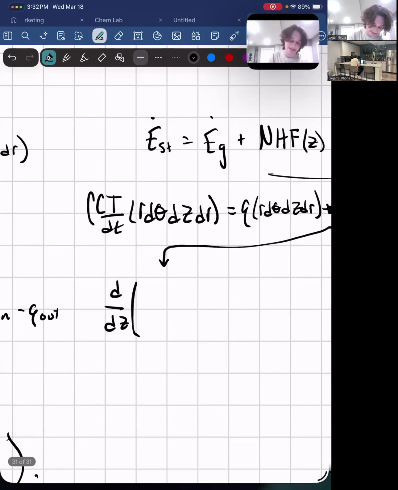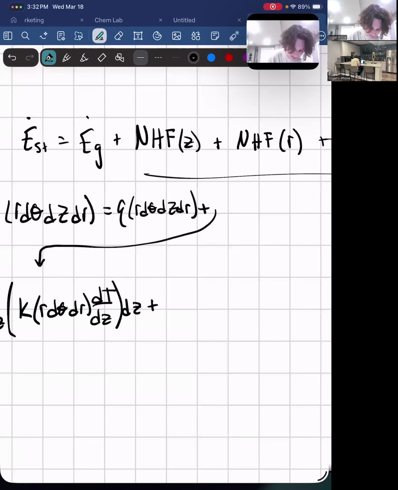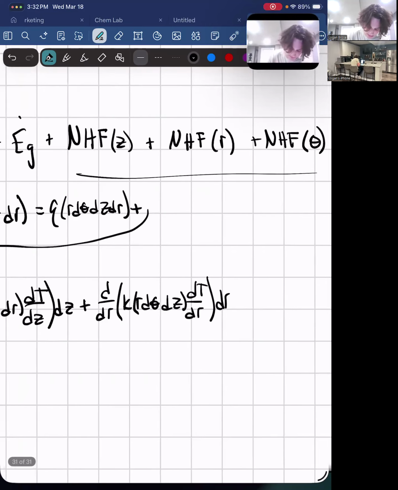So it's going to be d dz k times r d theta dr dT dz dz. And then we do the exact same thing for the next ones. We have our d dr k times r d theta dz times dT dr times dr. And then our last one is our theta.